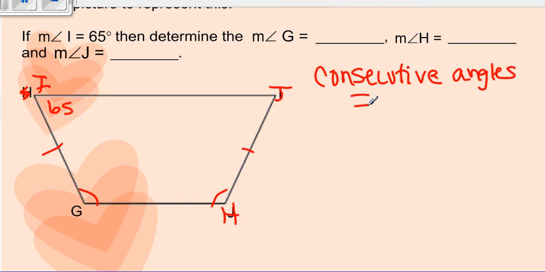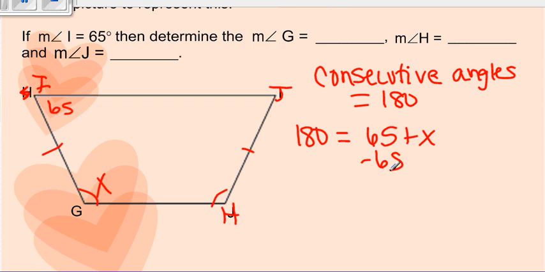So those equal 180. So I'm going to take 180 equals 65 plus my x, because that's what I'm looking for. I'm looking for G. So if I subtract 65 from both sides, I will get 115 to equal my x.